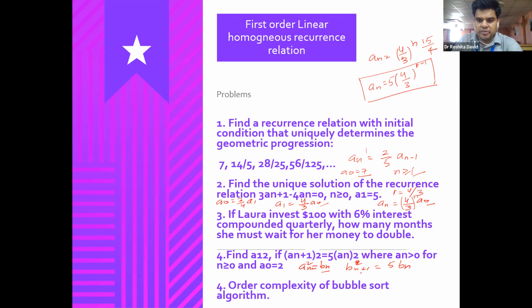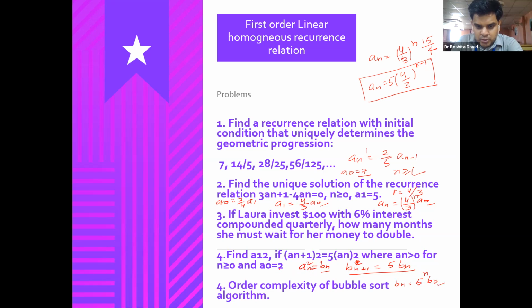So this is a linear recurrence relation, and you can deal with that. You know the solution: b(n) is equal to 5 to the power n times b0. So we have to find out b0 only.